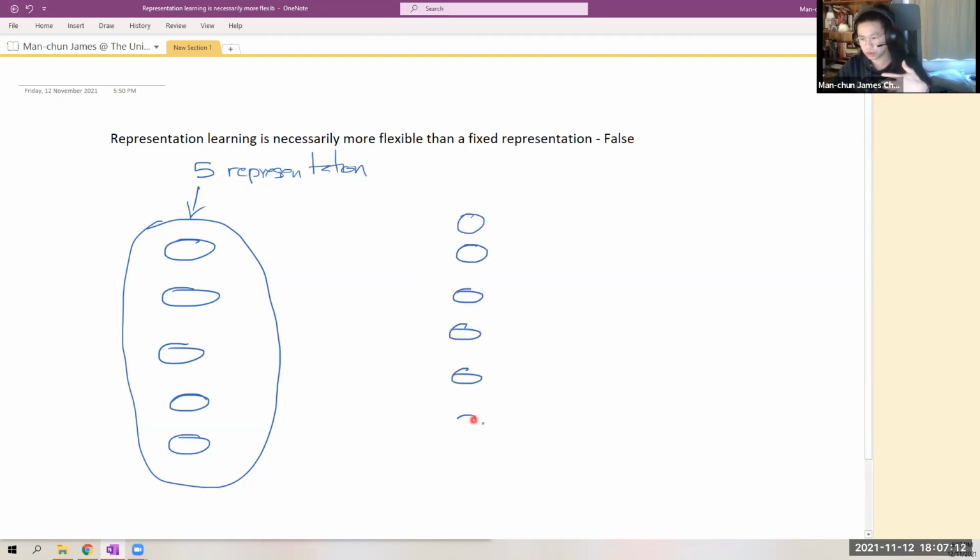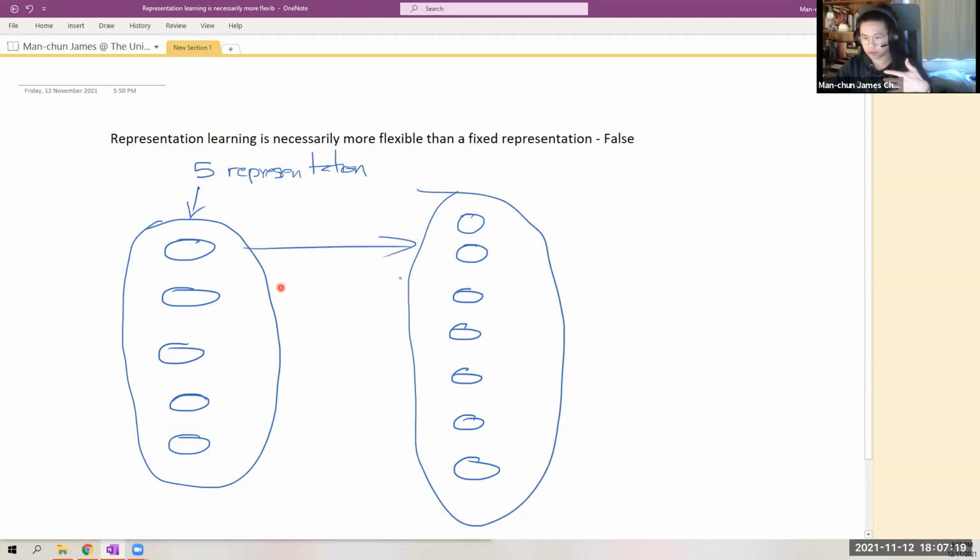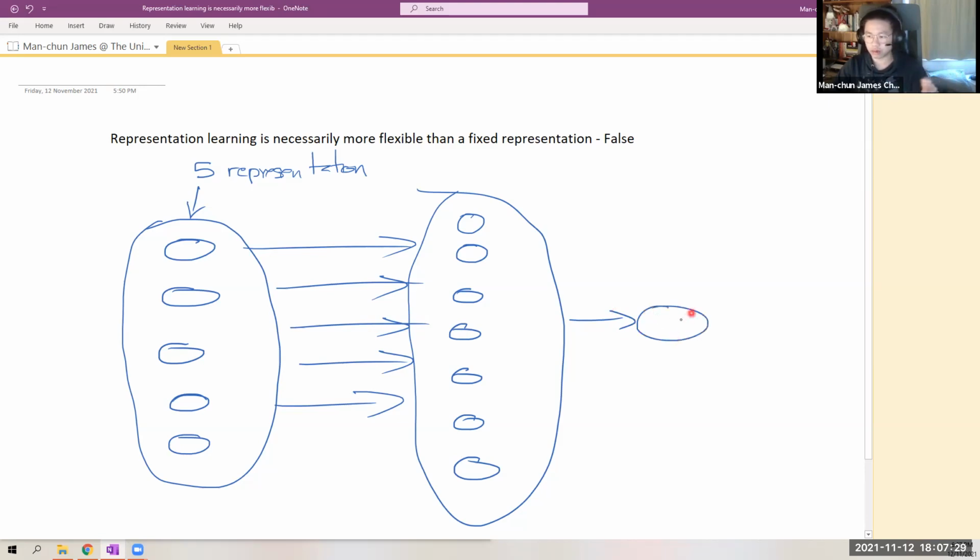Then when you're learning representation, we can learn as many representations as we want. So we can do 1, 2, 3, 4, 5, 6, 7. The 5 inputs get fed into the second layer, and let's say we're doing classification, so we have one output.